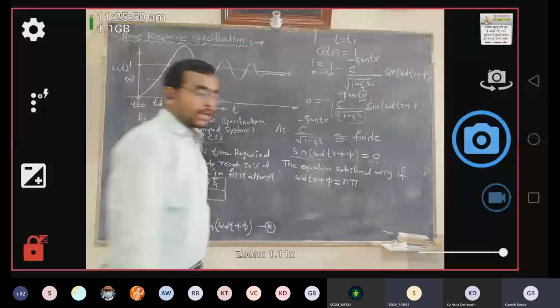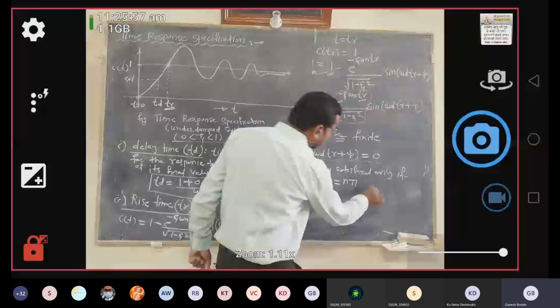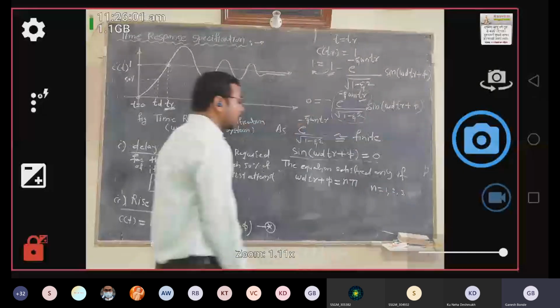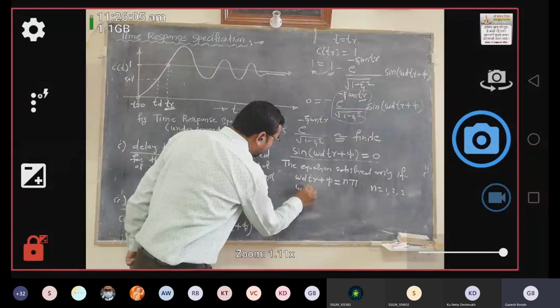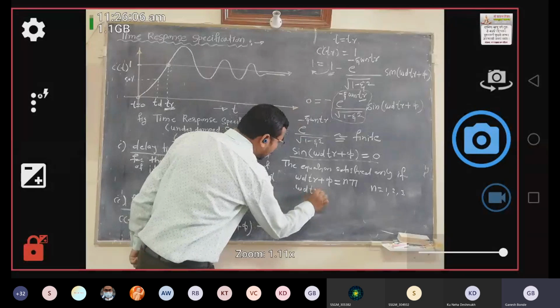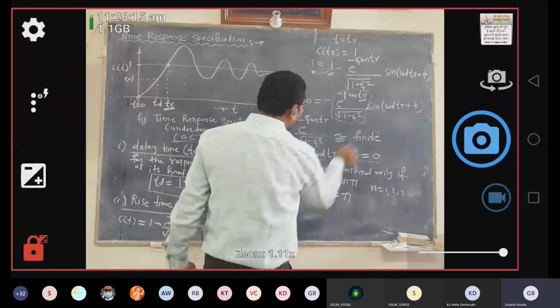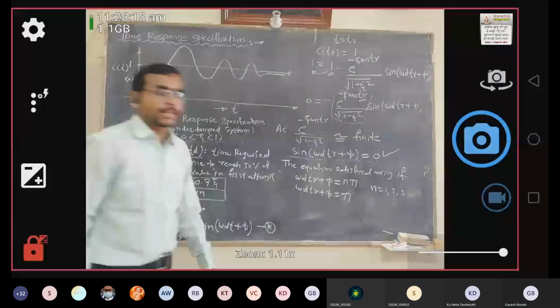Here we are considering n equal to 1, or n varies from 1 to 3: 1, 2, 3. So for n equal to 1, omega d TR plus phi is equal to pi. When we substitute this term equated to pi, the equation becomes satisfied.